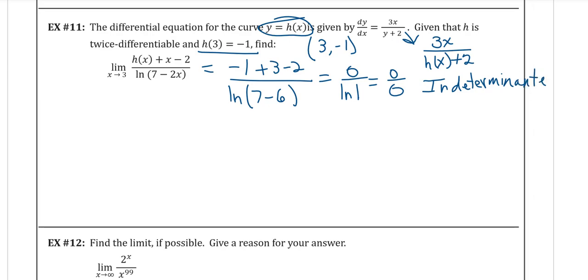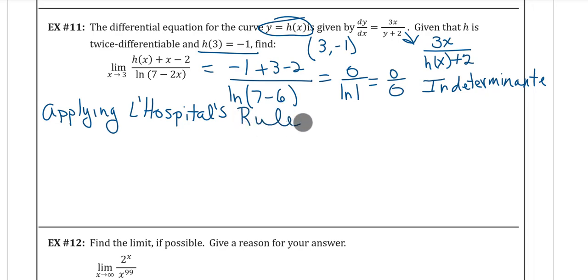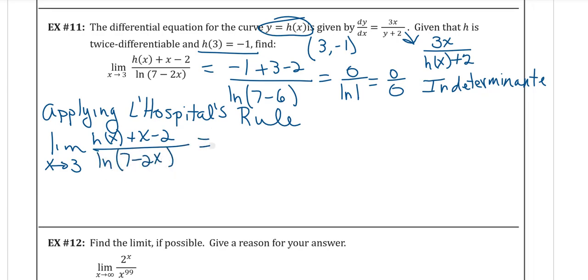All right, so what do we do with that? We use L'Hopital's rule. So the limit as x approaches 3 of h of x plus x minus 2 over the natural log of 7 minus 2x is going to equal the limit of their derivatives, the numerator and denominator's derivatives.